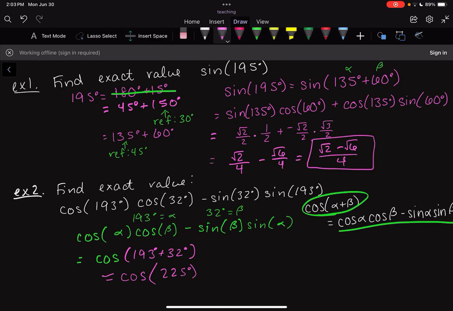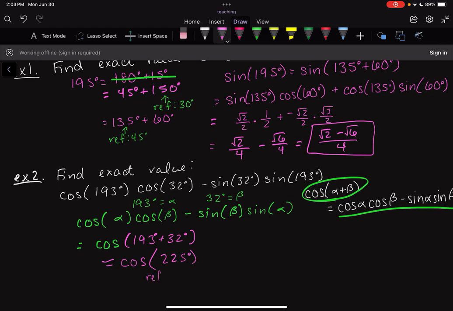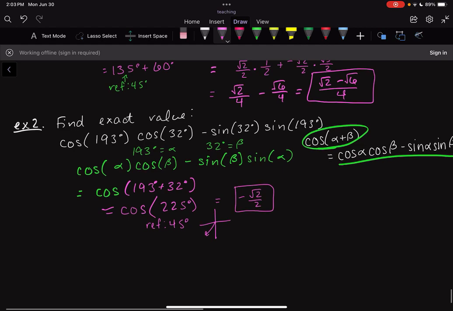Well, 225 has a reference of 45 degrees, and it's in quadrant 3. So this will equal negative root 2 over 2, because cosine of 45 is root 2 over 2, and then it's negative because quadrant 3. So sometimes you could see a problem like this where maybe you go from the longer side of the identity into the smaller side.